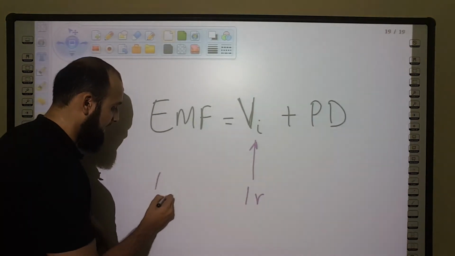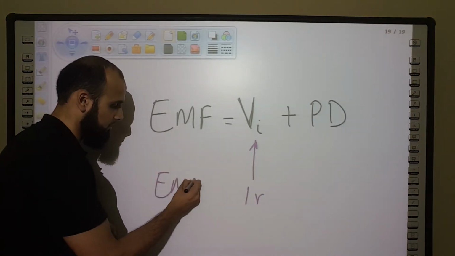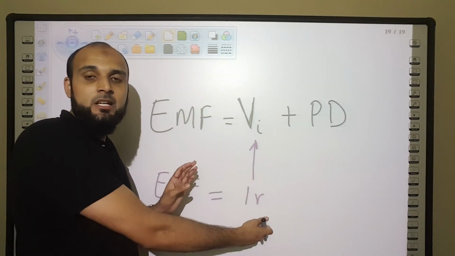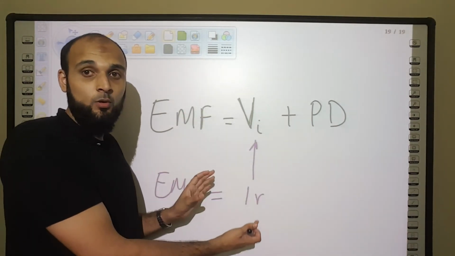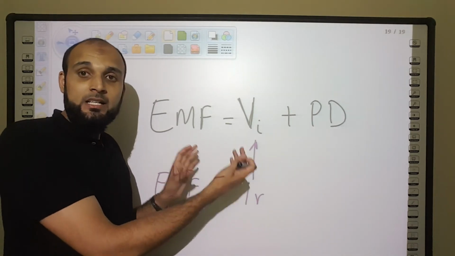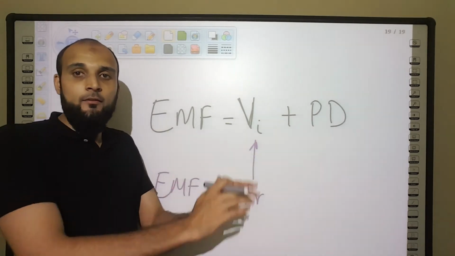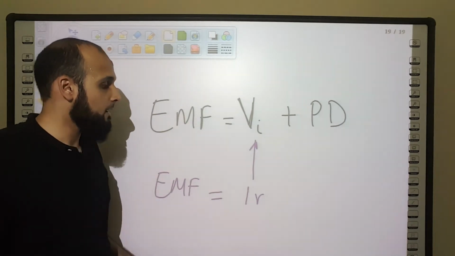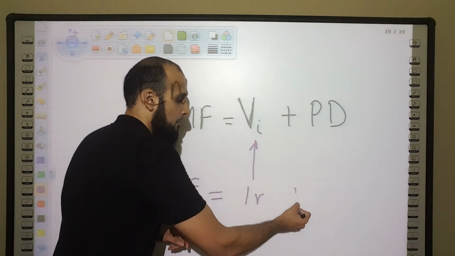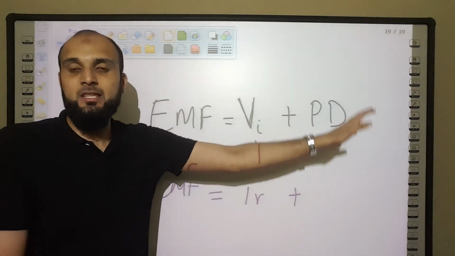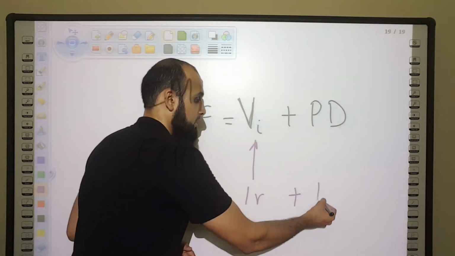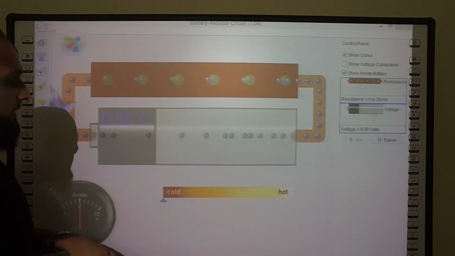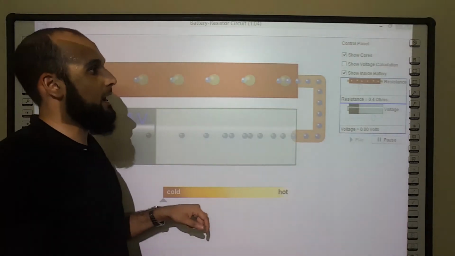So the electromotive force becomes the current times the internal resistance, the energy consumed in pushing electrons from one terminal of the cell to the other end, plus the voltage that is consumed by the rest of the circuit, the potential difference across the rest of the circuit.